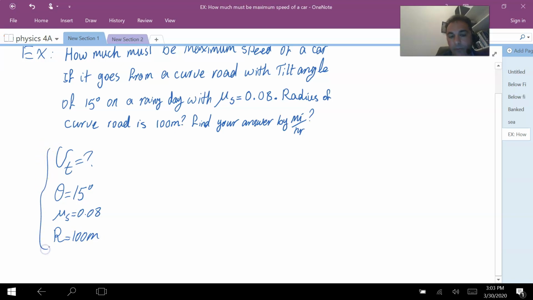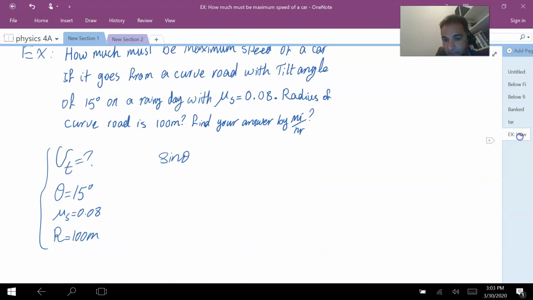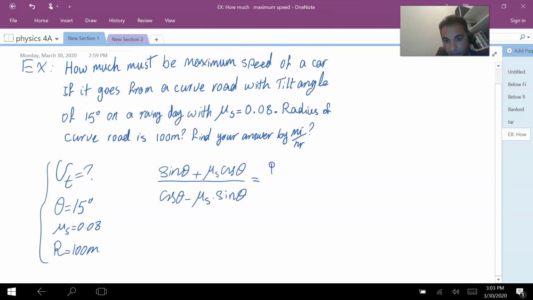Okay, so what is my formula? Sine theta plus mu s cosine theta, correct? Divided by cosine theta minus mu s sine theta equal v squared over rg.